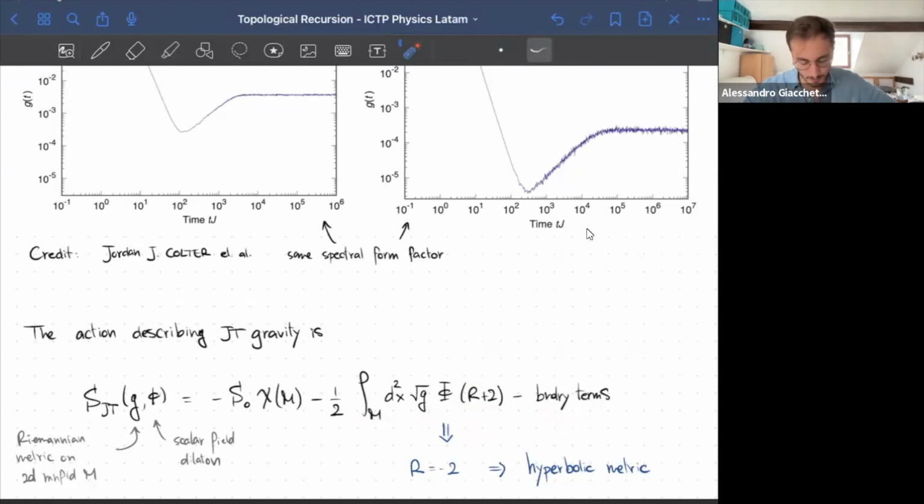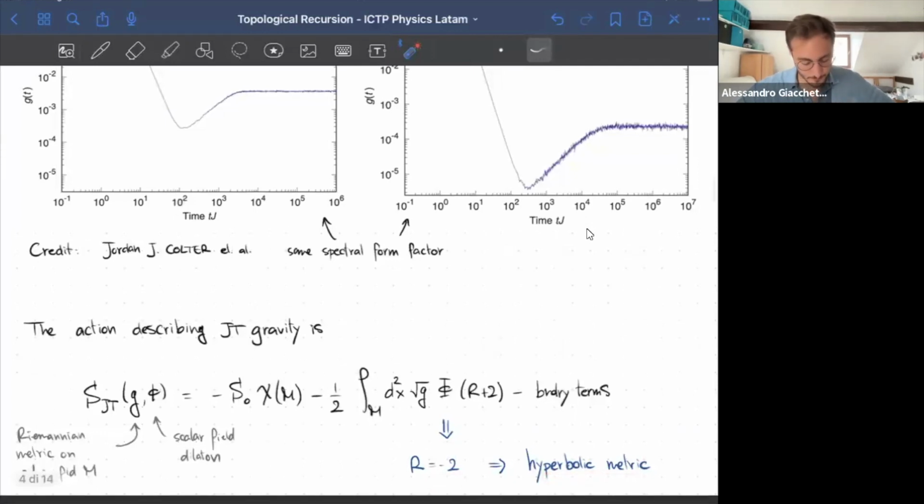But the main point here is that when you try to compute the Euler equations associated to this action, you immediately realize that this dilaton field implies that the scalar curvature has to be equal to -2, which means that the metric here is a metric of constant negative scalar curvature, a hyperbolic metric.